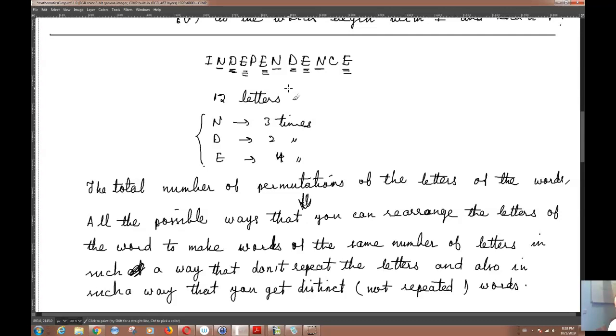Of course, it's possible to make words of a different number of letters, and in that case the permutation would be called something else. For example, if you have 12 letters over here, and I'm assuming that I'm making words of the same number of letters, then you would be calculating 12 permutation 12. Otherwise, if you're using these letters to make 9 letter words, then you would be calculating 12 permutation 9, right? That's also possible, which is not a problem. That's a part of our definition. It can be a part of our definition.